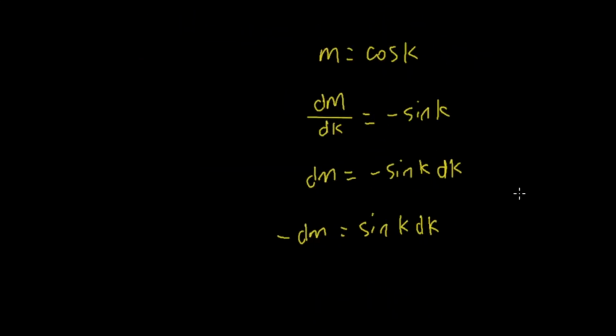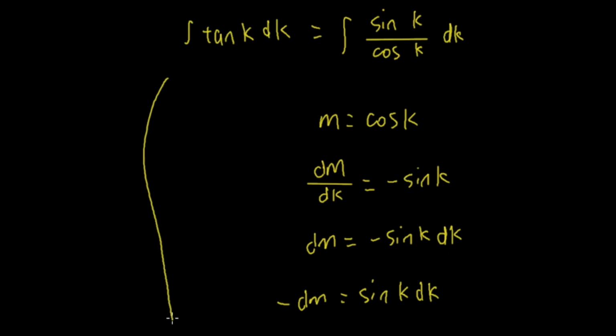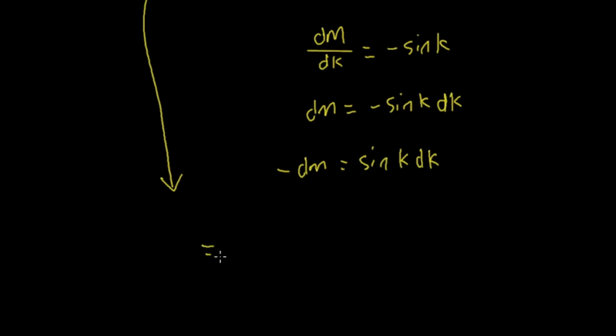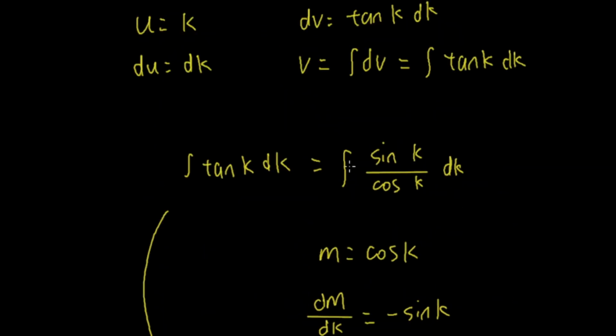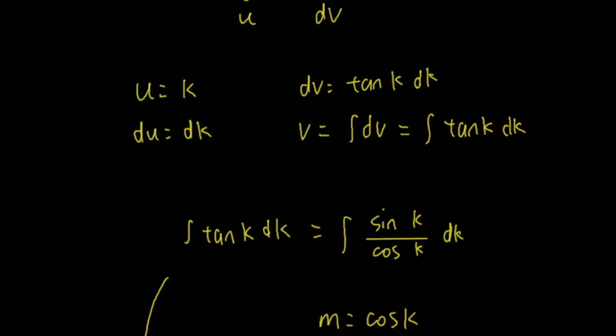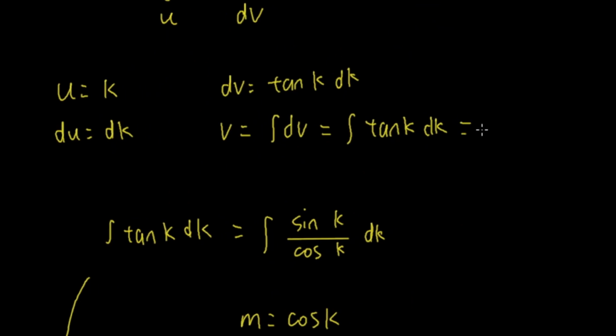So now this will become the integral of negative 1 over m dm, and that's equal to negative ln of m. And we say m is equal to cosine k. So now that is equal to negative ln of cosine k. This is the antiderivative of 10k, which is v here. v is equal to negative ln of cosine k.